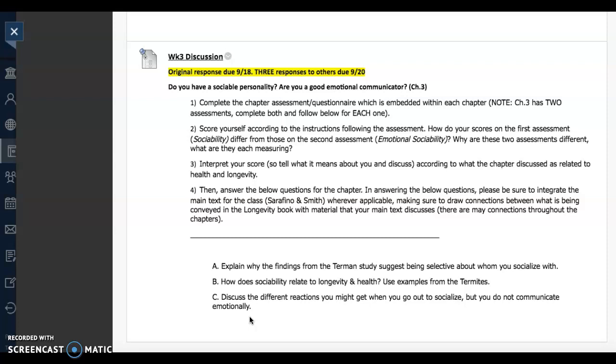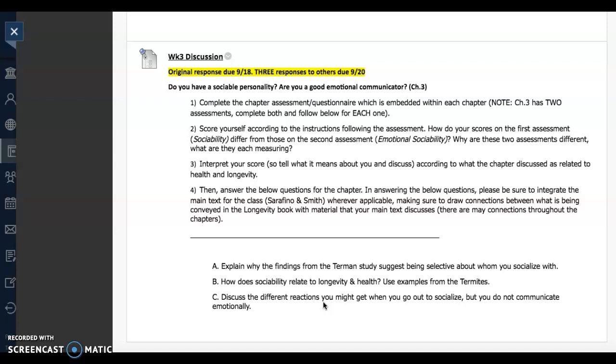Because this is health and it relates to many things that we do, as the termites are going through certain things and you're learning about how everything's connected in the Terman study, we might also at the same time be reading something about that in our main chapter. So anytime you can draw connections between the two, I would like to see that in your discussion posts.